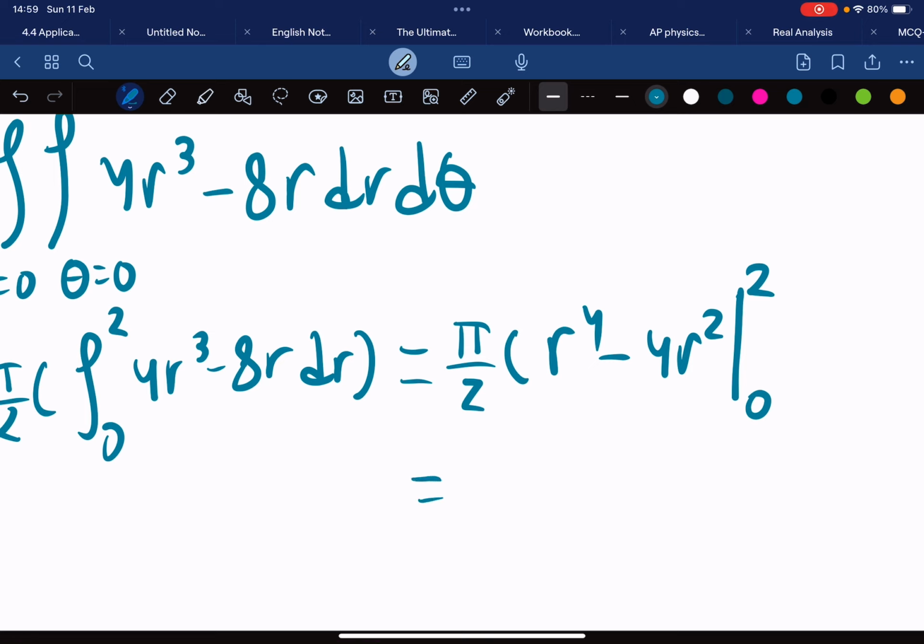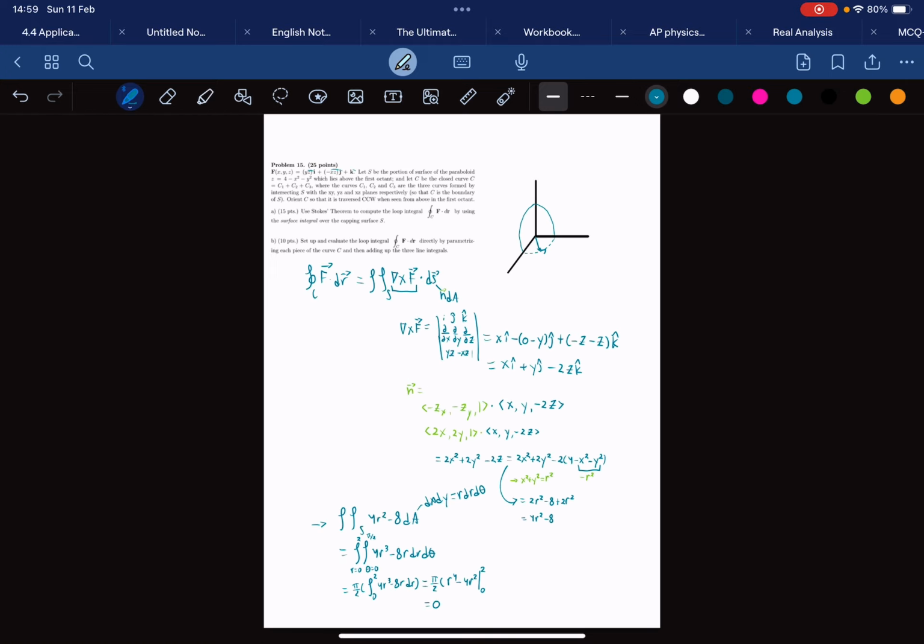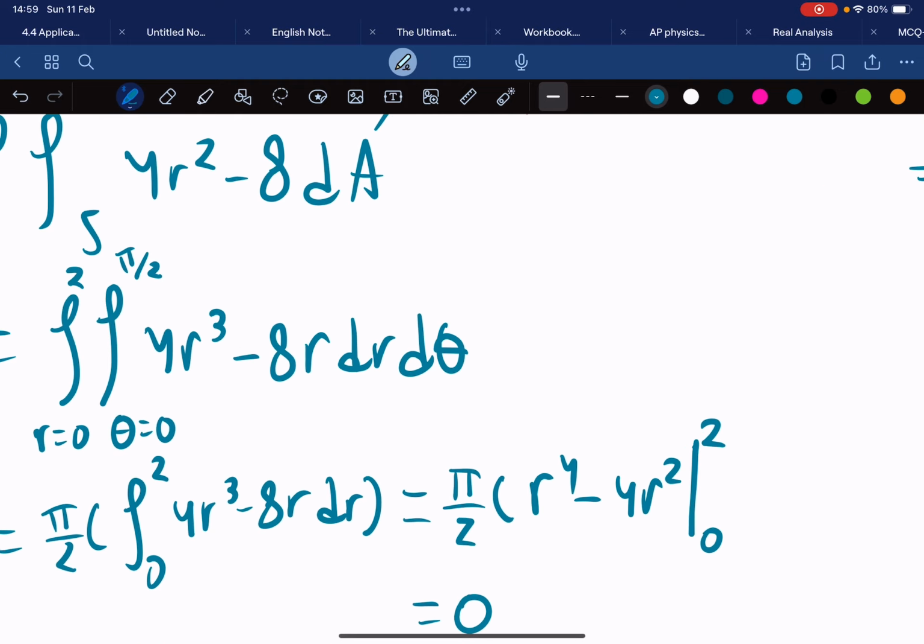This is 16, and this is also 16, so we get 0. So this equals 0, and that's our final solution.